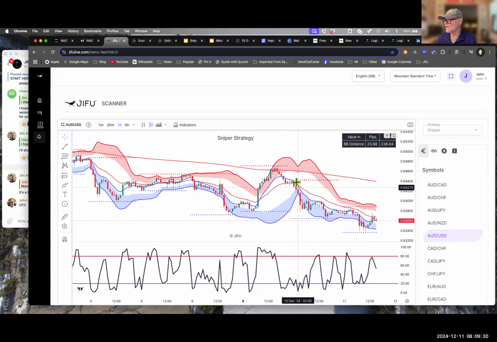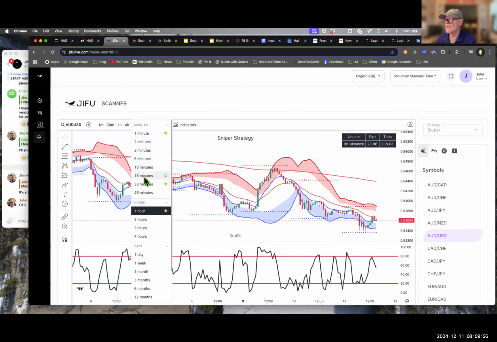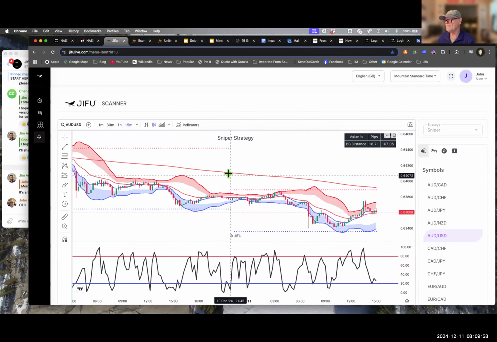If you wanted to wait until a crossover of the blue and the red, you can do that as well, to give you a safer entry. But that was a great entry there, on the 1 hour. If you're a swing trader or intraday trader looking at the 1 hour, that is definitely some good signals there.